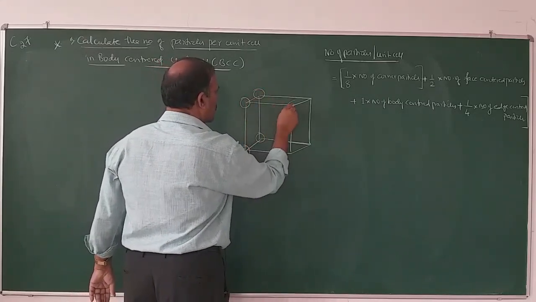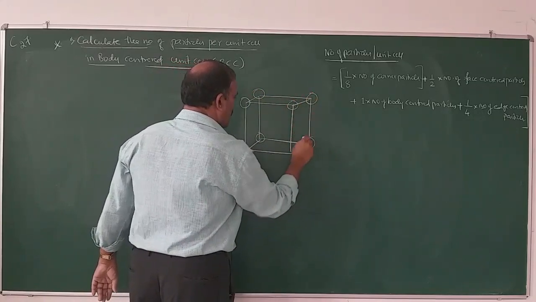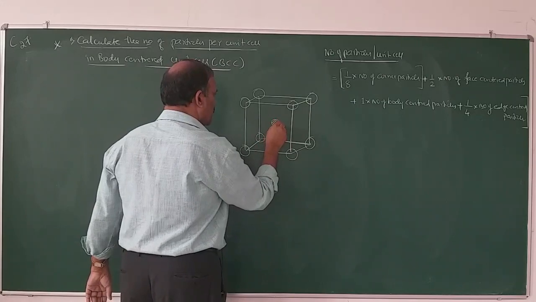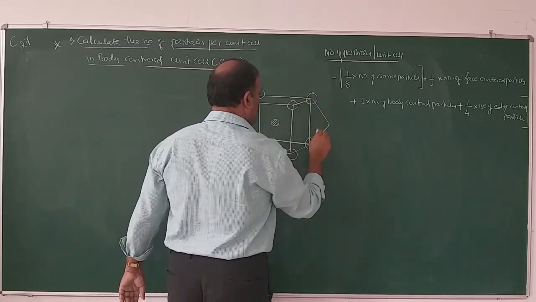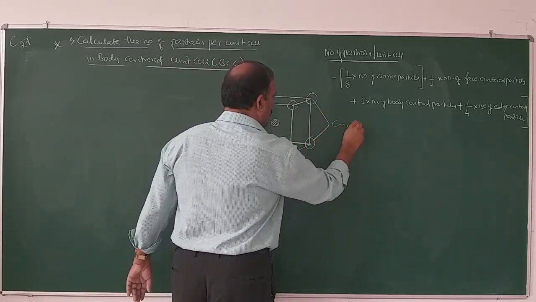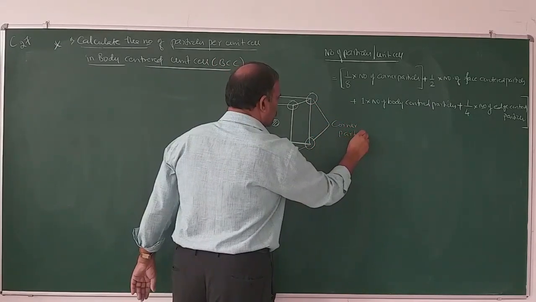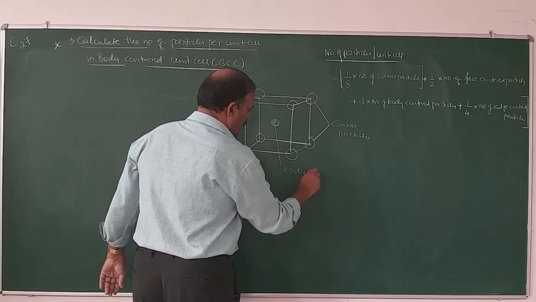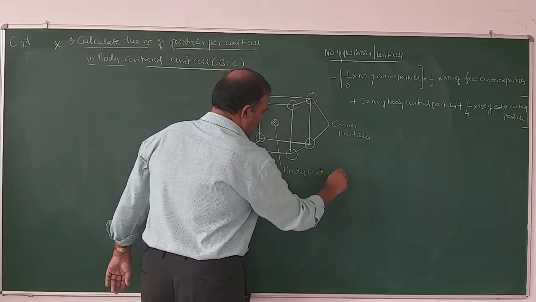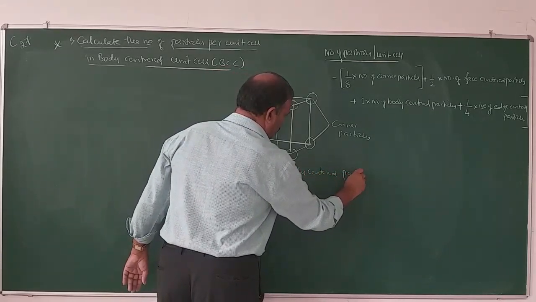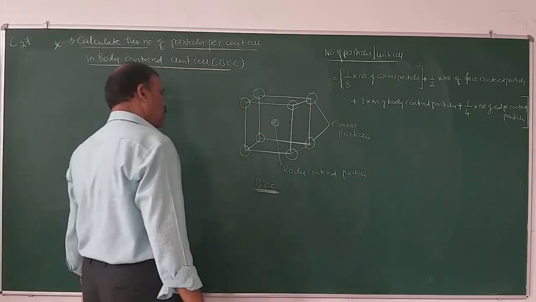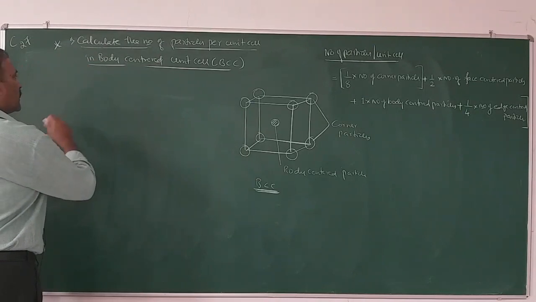These are the corner particles, and one particle is present at the center of the body. So these are corner particles, and this one is the body centered particle. So this is BCC, body centered cubic unit cell.